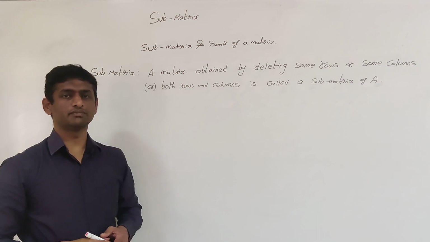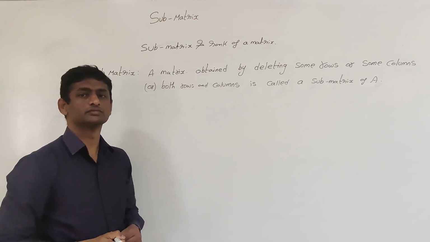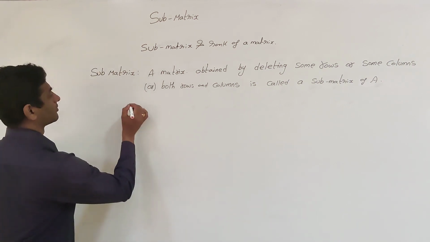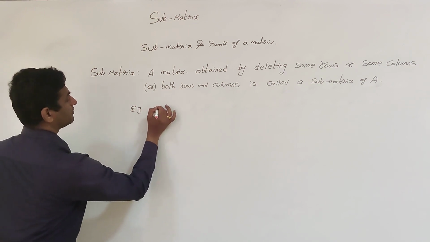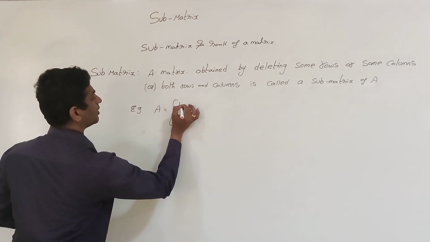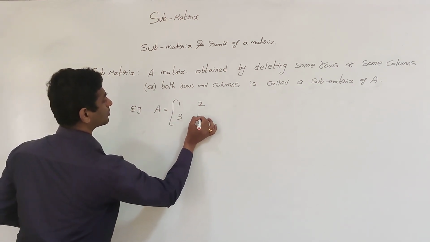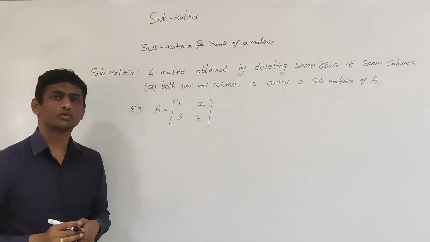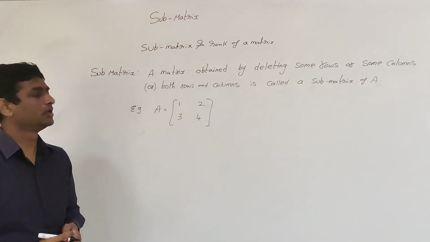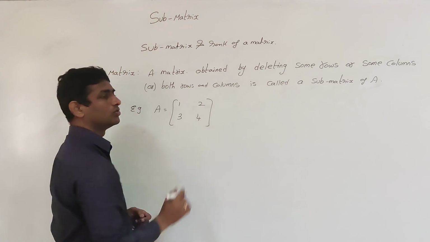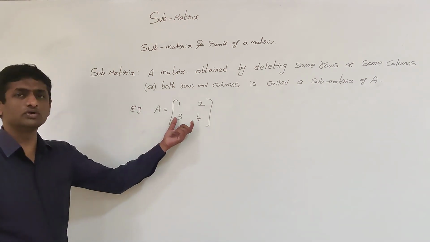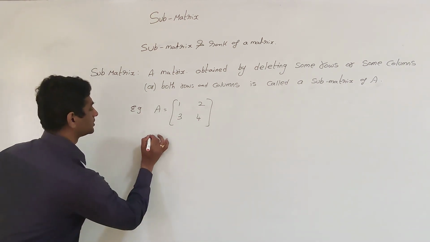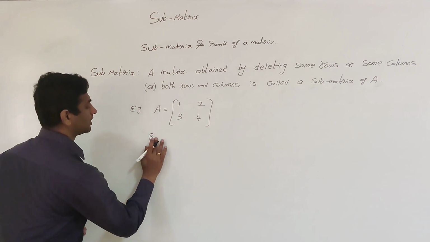We'll see one example. If A is equal to 1, 2, 3, 4. If we delete the first row, you will be left out with only 3, 4. That is A1.